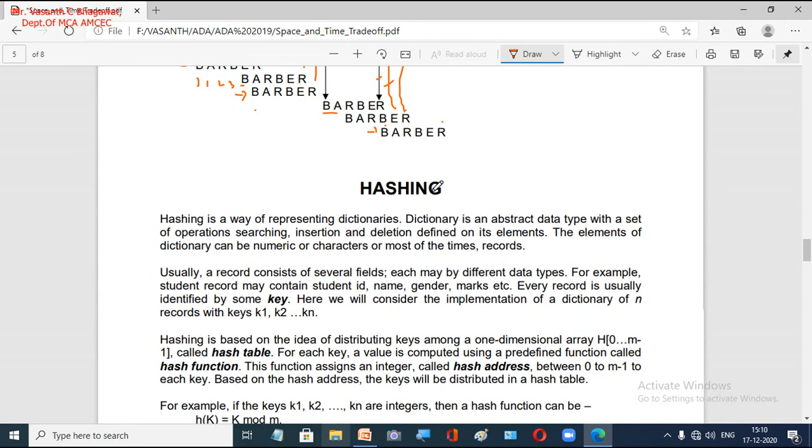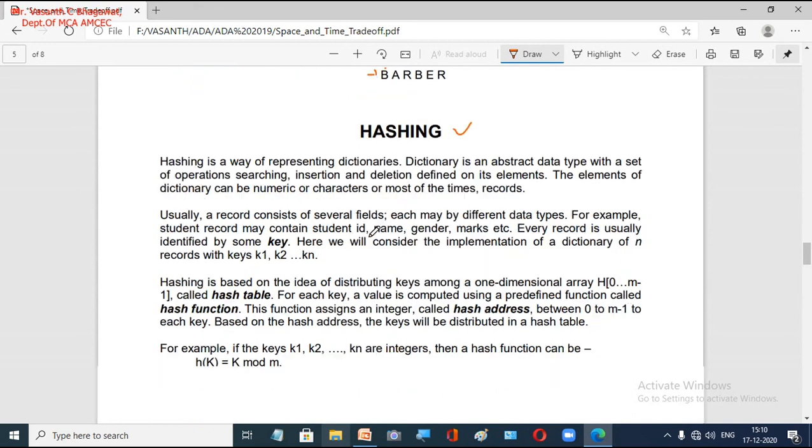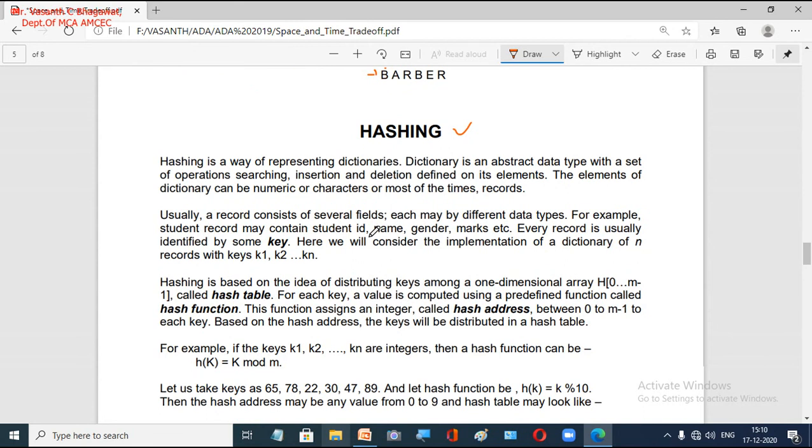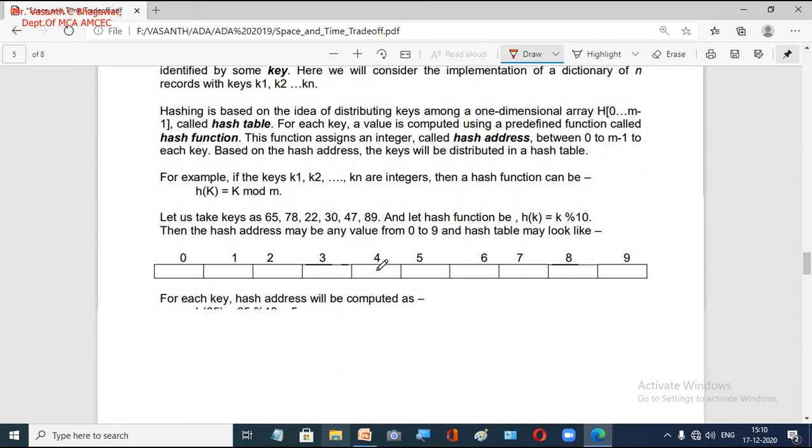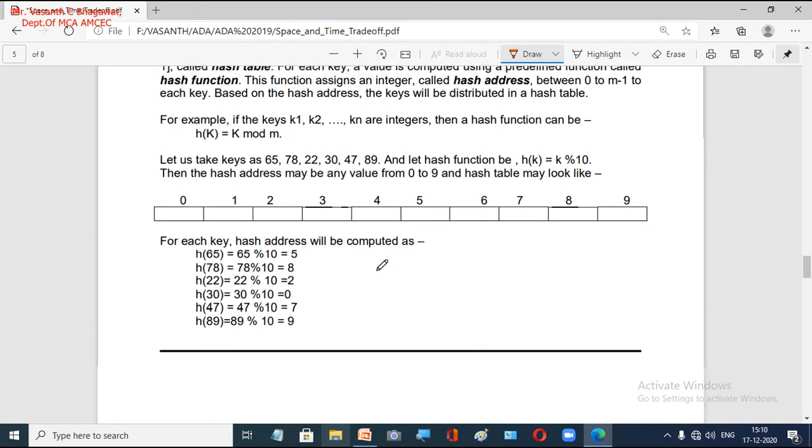Now the last bit in this particular unit is called hashing. I won't go into detail about hashing, because you have already studied hashing in detail in your data structures course in the previous semester, right? So you just go through this particular hashing briefly. You can read it on your own. What do you mean by a hash table? What is the concept of hashing?